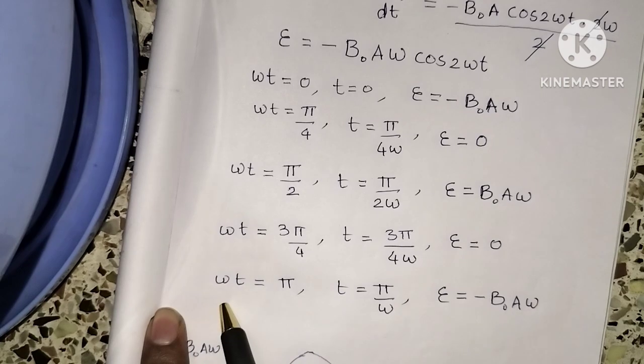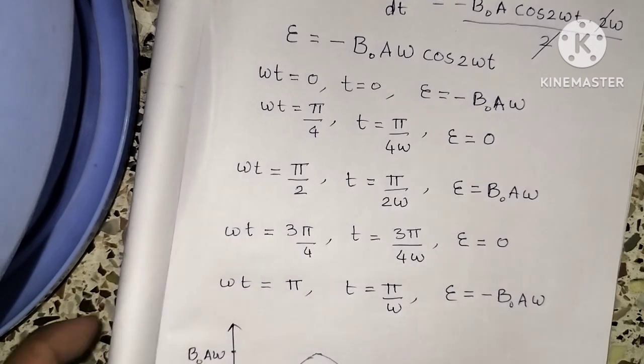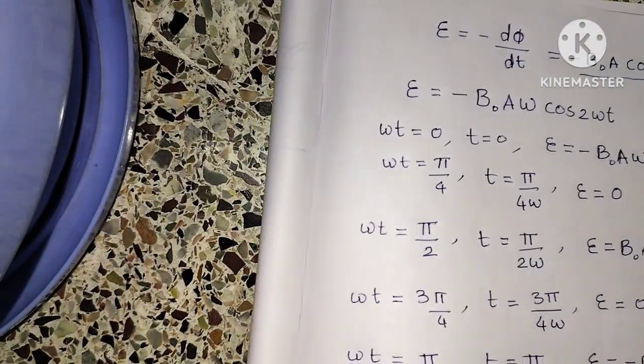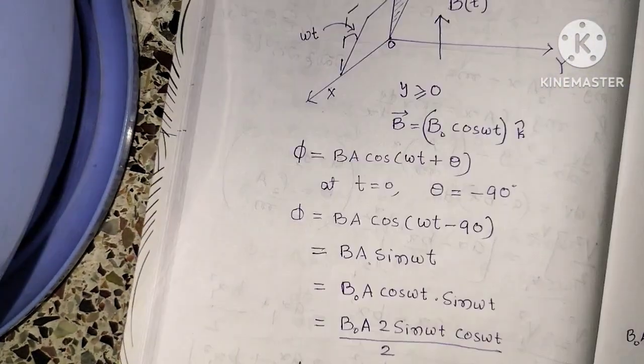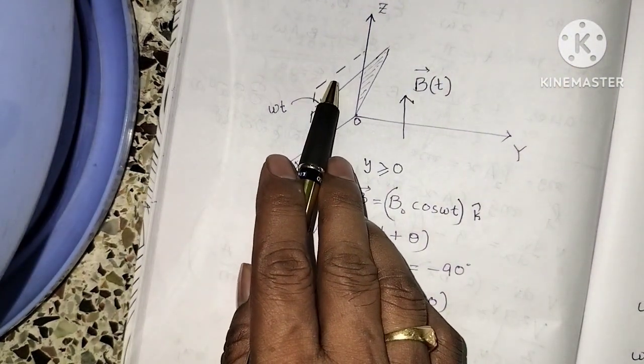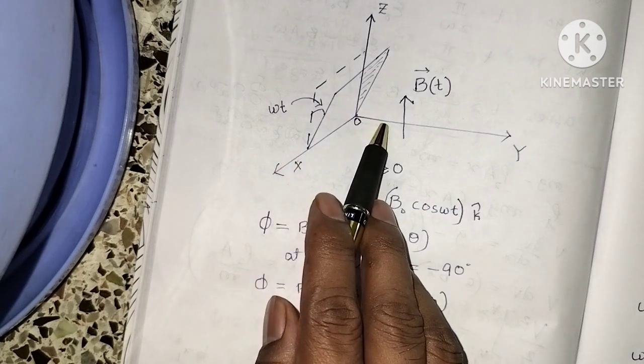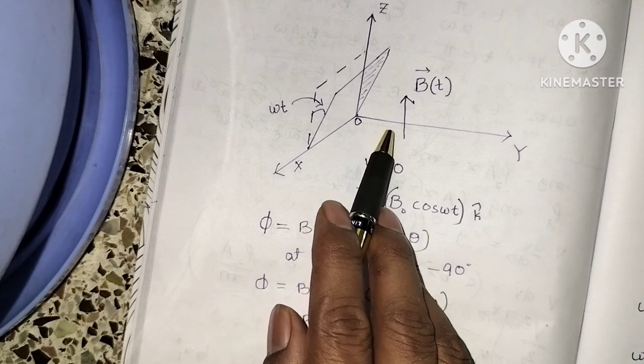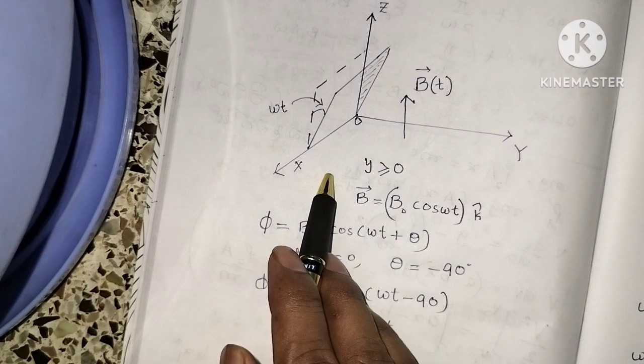So why is omega t equal to pi the last angle? Because after pi, what happens? There is no magnetic field, no? Here you see, this is rotating, initially starting from the xz plane. After 90 degrees it will come into the xy plane, and after 180 degrees it will go to the minus xz plane.